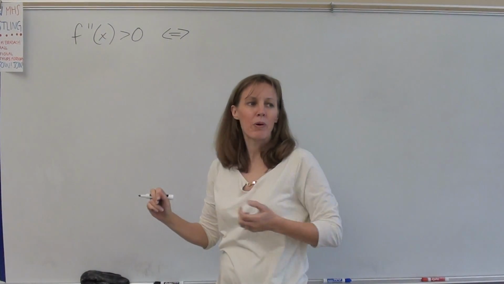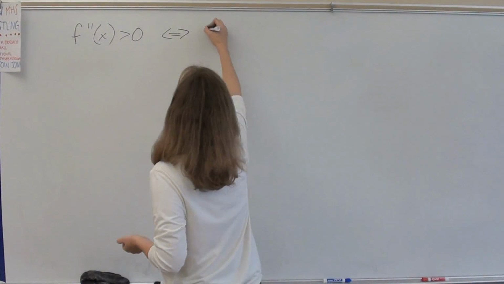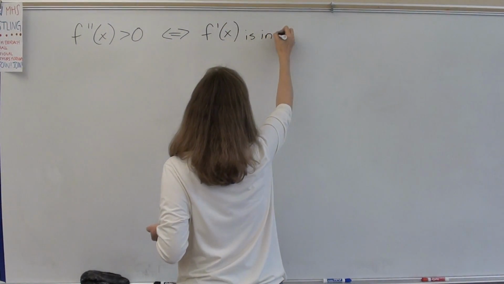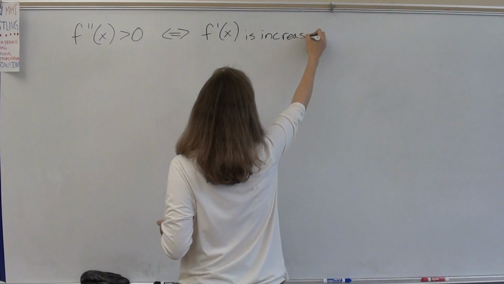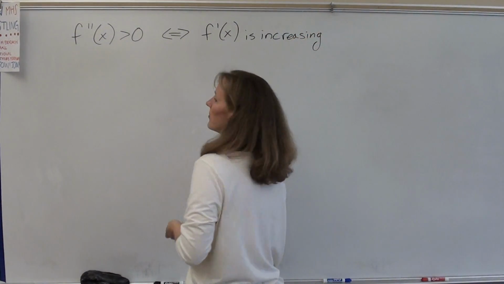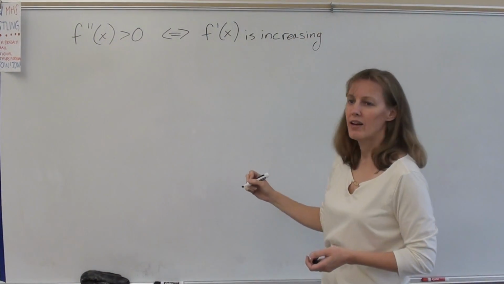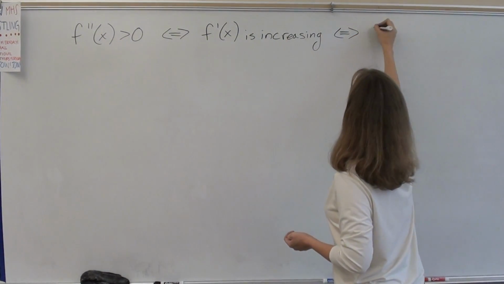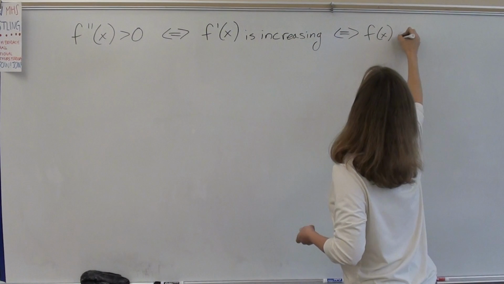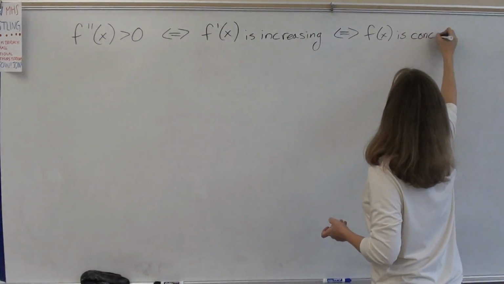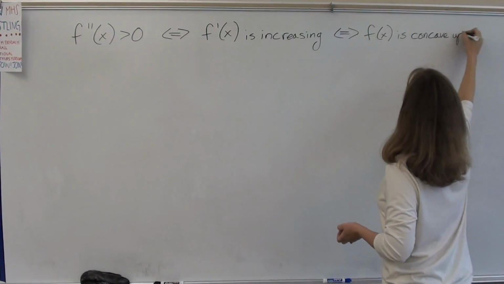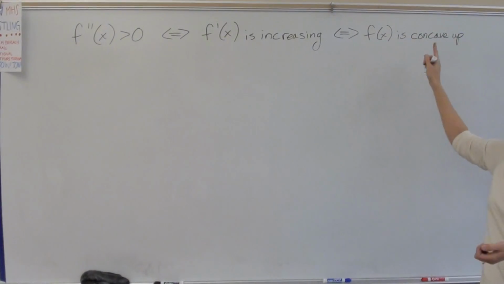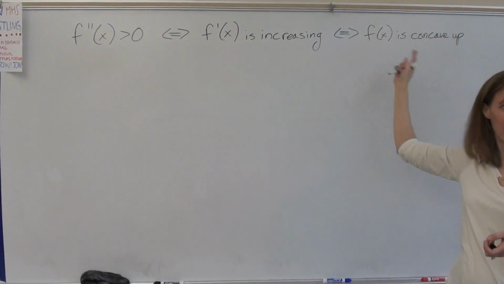If f double prime is positive, this implies that f prime is increasing, which also implies that f is concave up. This is kind of bad math, but we're going to do it anyway. So all three of these imply the others.